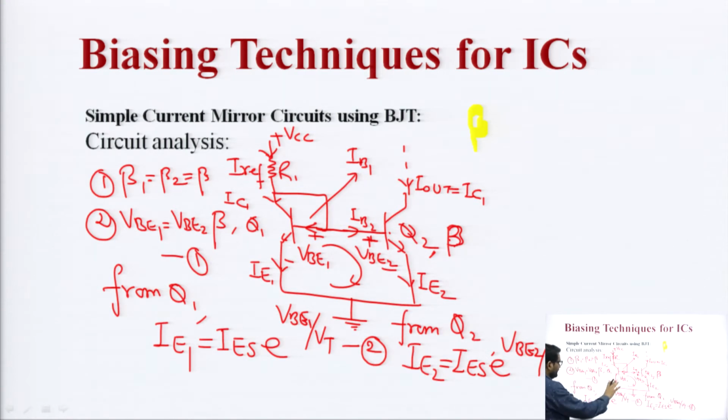Equation 1 is from applying the inner loop KVL: we find VB1 equal to VB2. From transistor Q1, IE1 equals IES e to the power VBE1 divided by VT, equation 2, and for transistor Q2, IE2 equals IES e to the power VBE2 divided by VT.